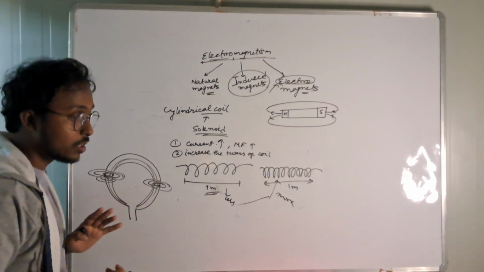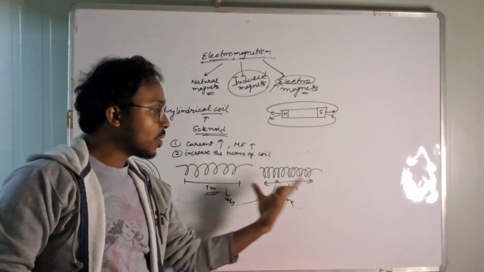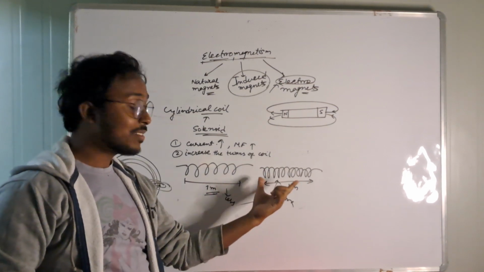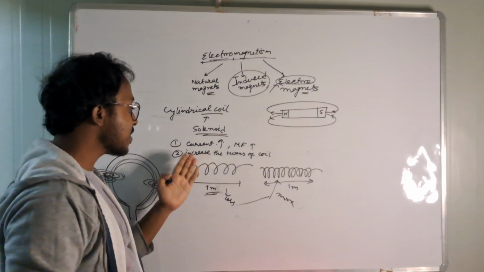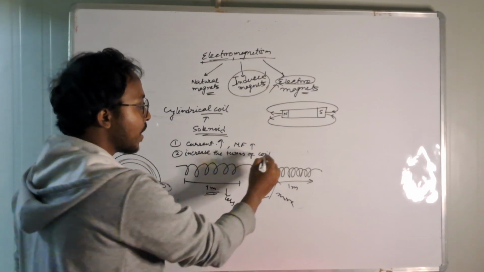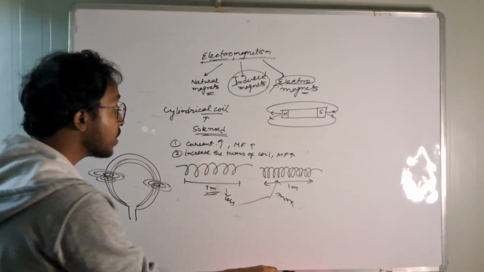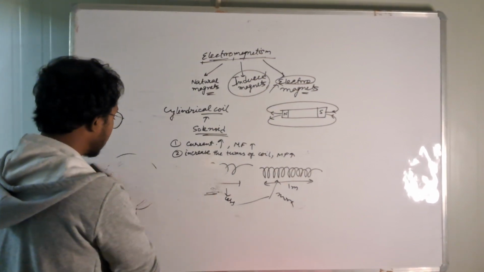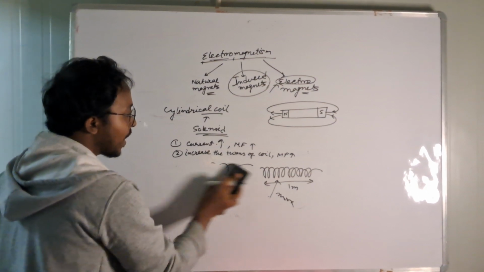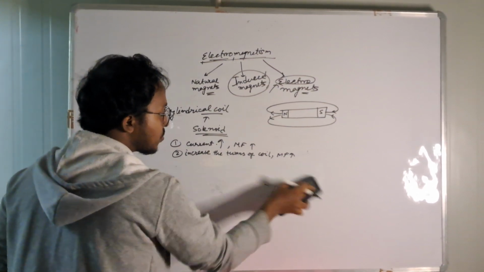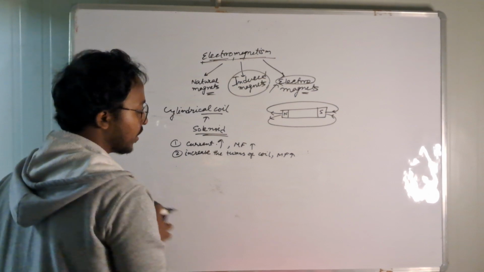You can also see from here, within this 1 meter it is having more turns. That's why as I have increased the number of turns, the magnetic field will increase. So these are the ways which we can apply to increase the magnetic field strength of a solenoid.